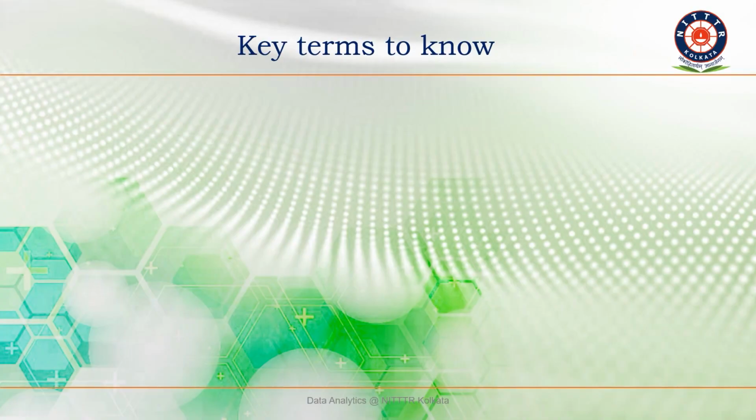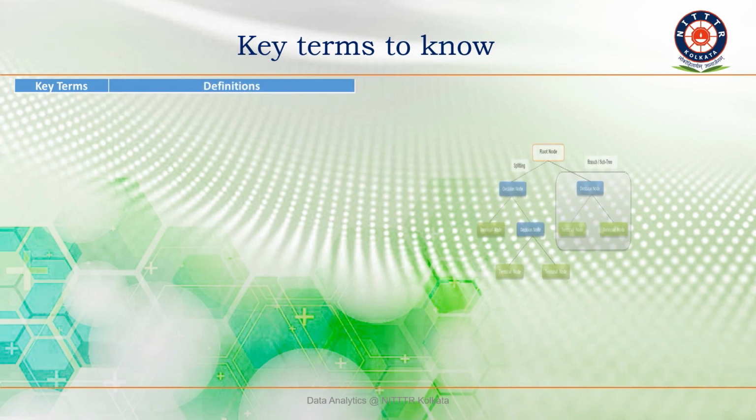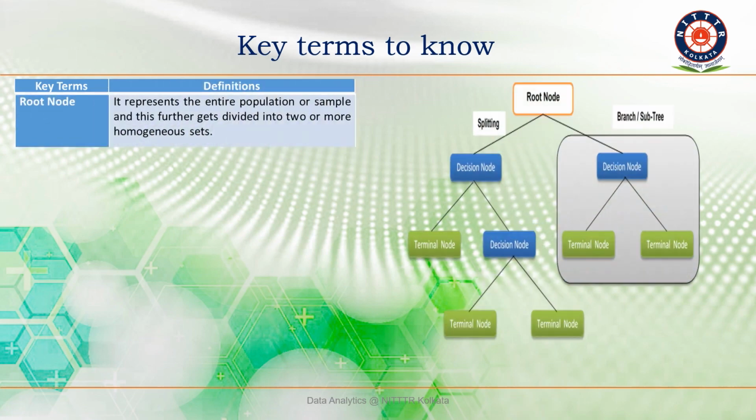There are a few key terms which should be known to understand decision trees. Root node: it represents the entire population or the data set, and this further gets divided into two or more homogeneous sets.